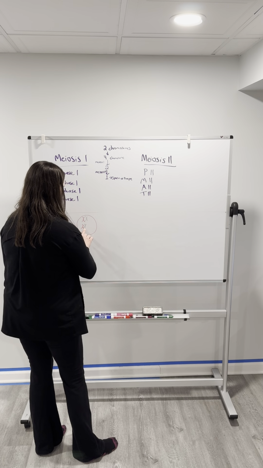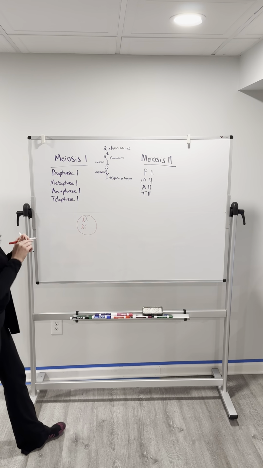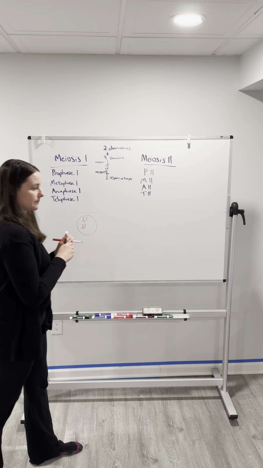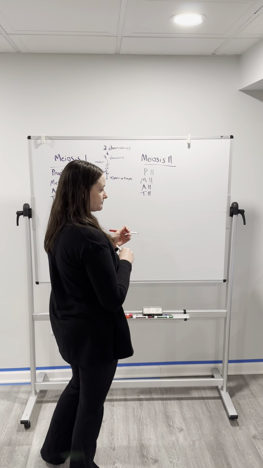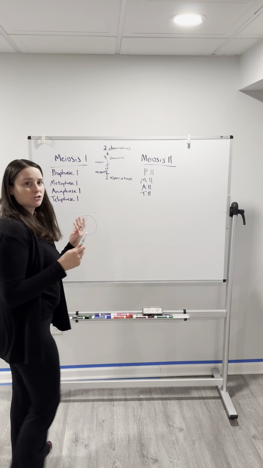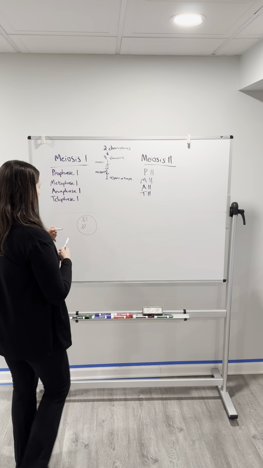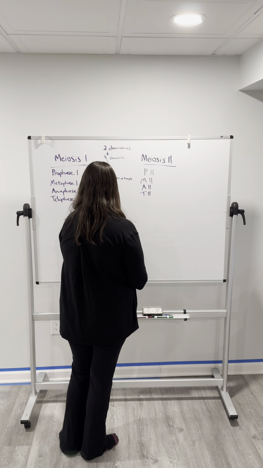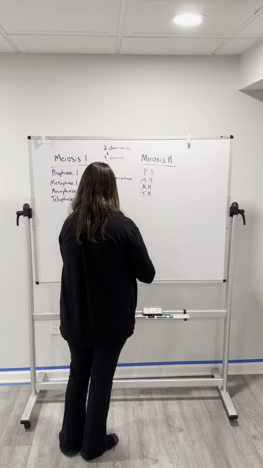So they line up near each other, the different chromosomes, and they actually switch some of their genetic information with each other. So this is known as crossing over. So then we're left with something like this.